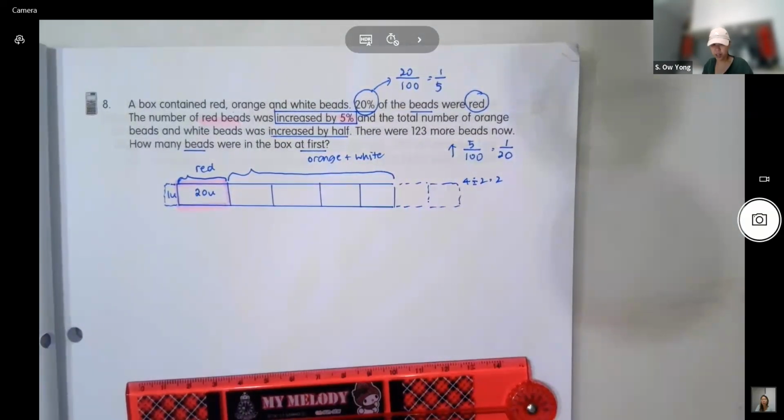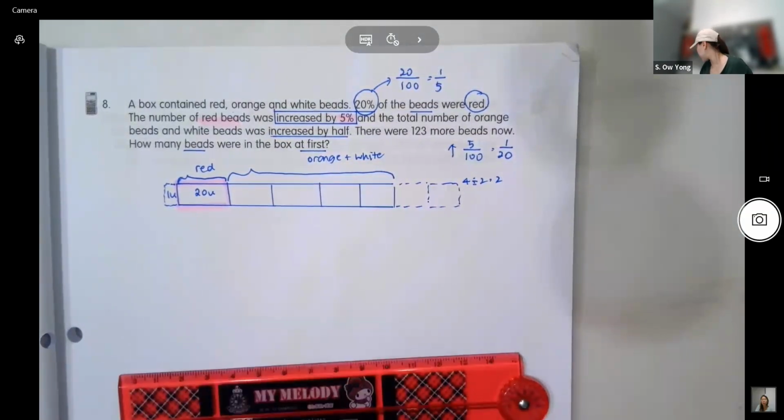So at least you know, okay, now I know that my orange and white will be increased by half. Let me go and take the other highlighter to show you. Give me a while.